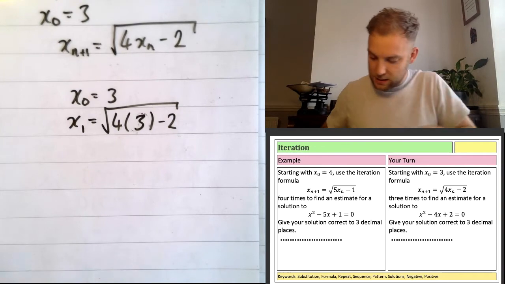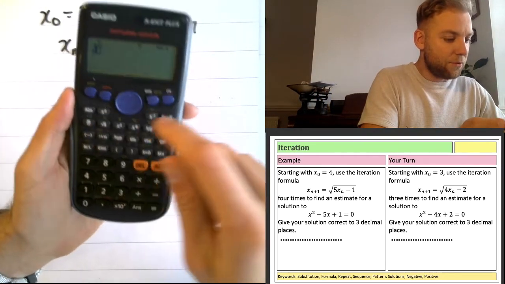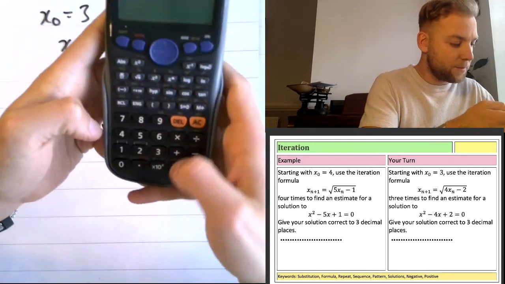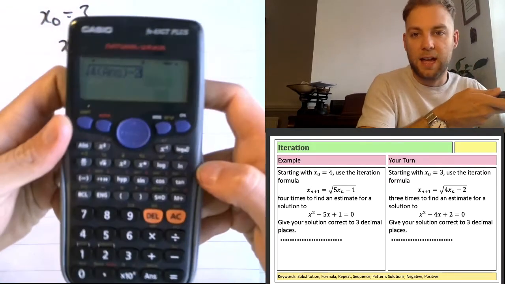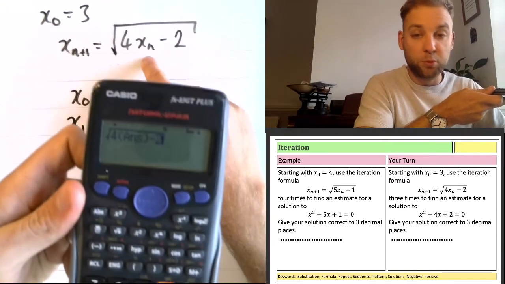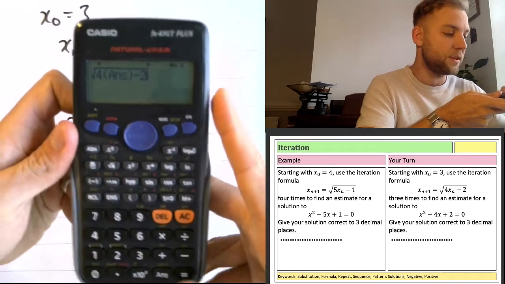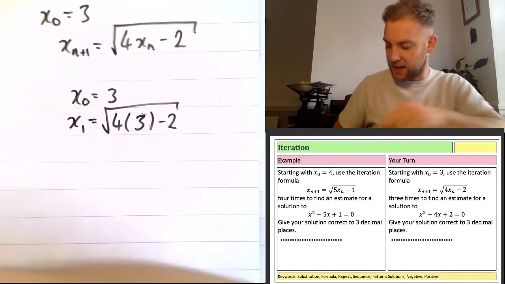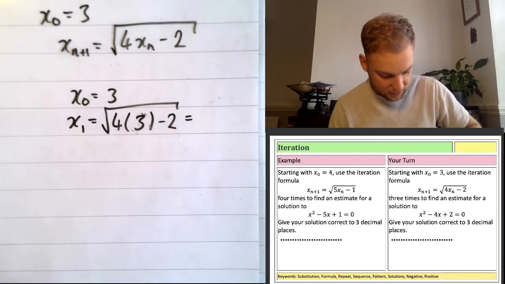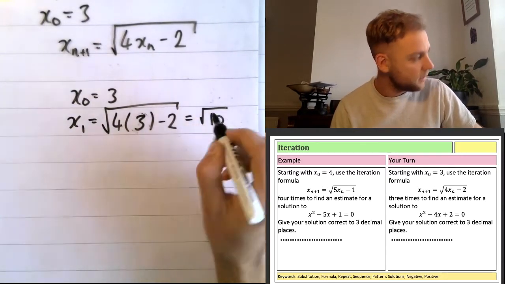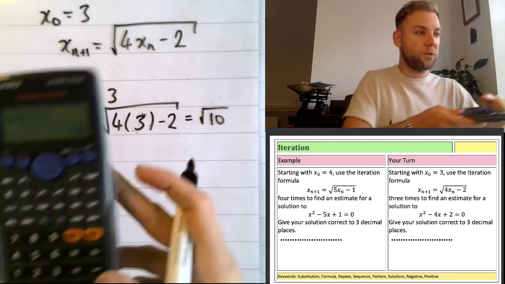So here, the square root of 4 times my answer minus 2. So 4 times my previous term minus 2. So let's press equals to get my first one. In this case, it's root 10. So this is equal to root 10. To get my next value, I press equals again.